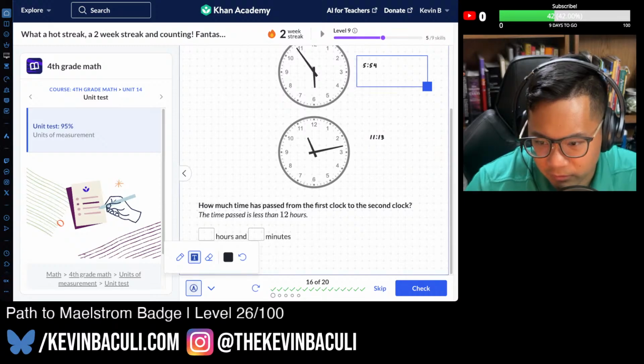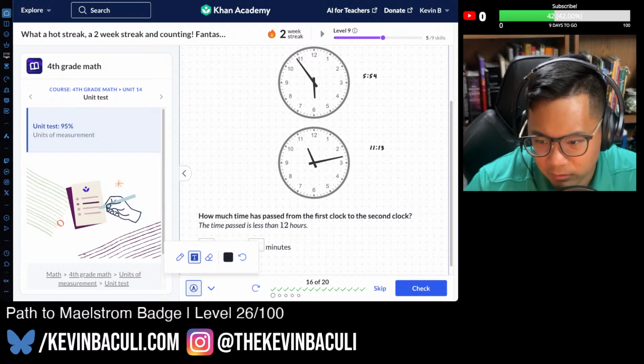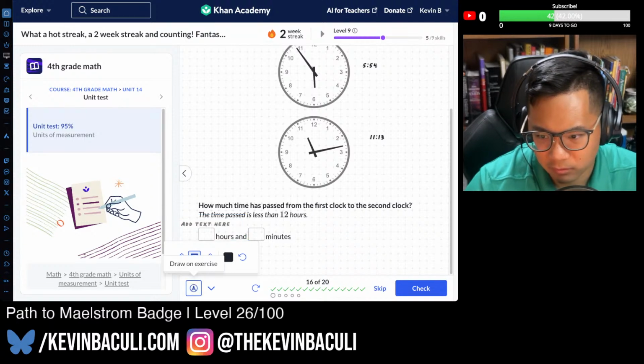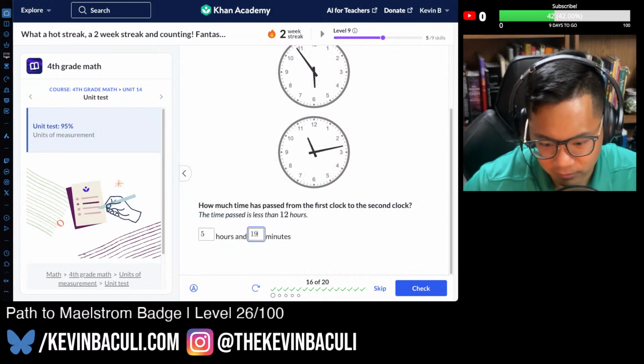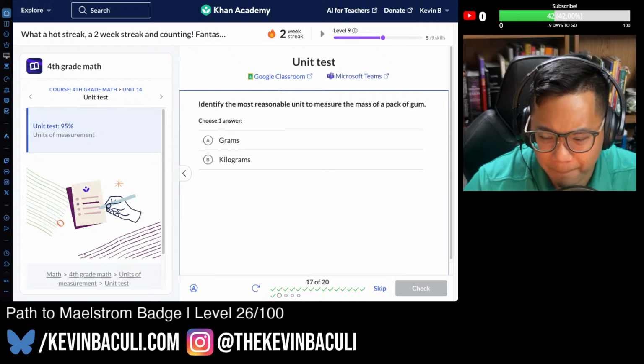It's less than 12 hours. Five hours, 19 minutes. There we go. Identify the most reasonable unit to measure the mass of a pack of gum.